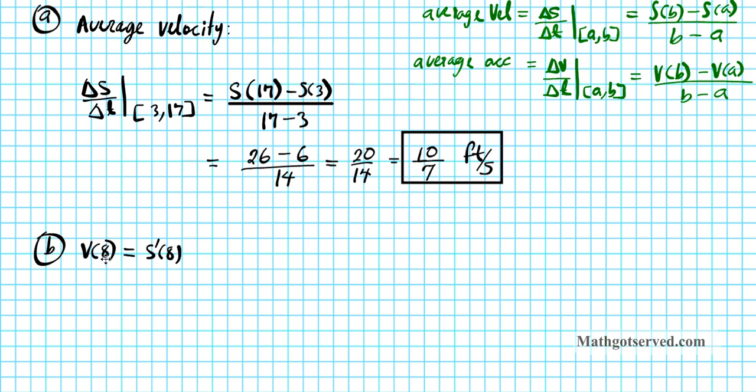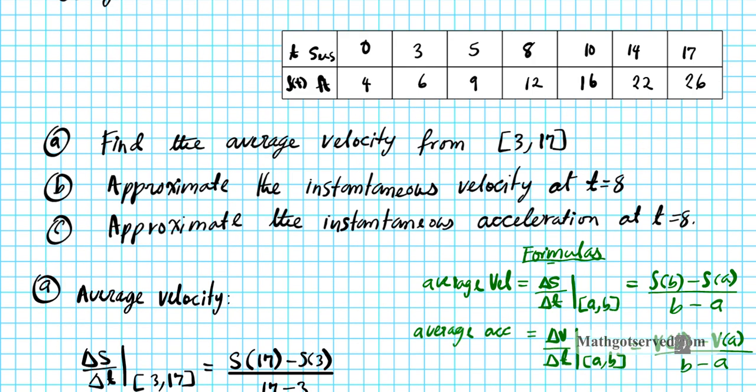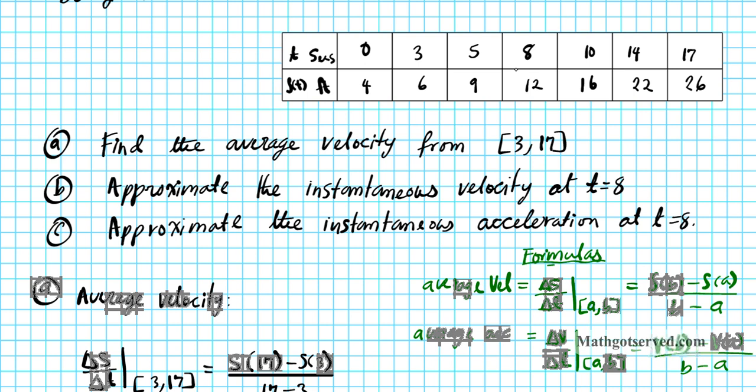So we're going to approximate this. This is approximately delta s over delta t evaluated from 5 to 10. How do we know that we're going from 5 to 10? Well, if you look at the chart, we're finding the average velocity. We are approximating the instantaneous velocity at 8.